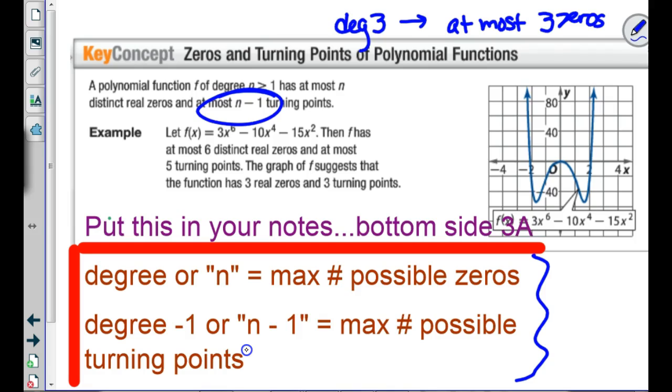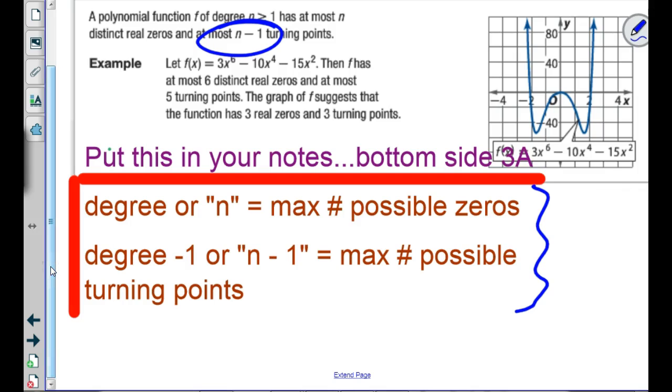The degree of n gives you the maximum number of zeros, and the degree minus 1, or n minus 1, will tell you the maximum number of turning points.